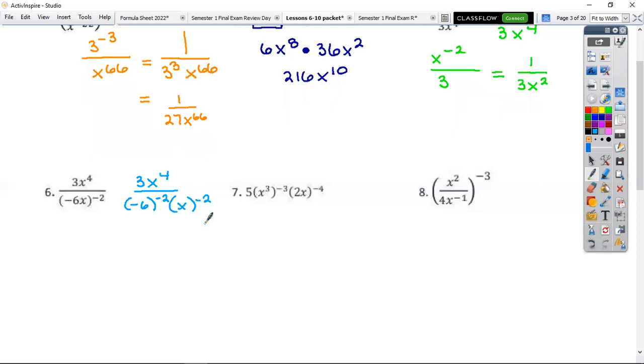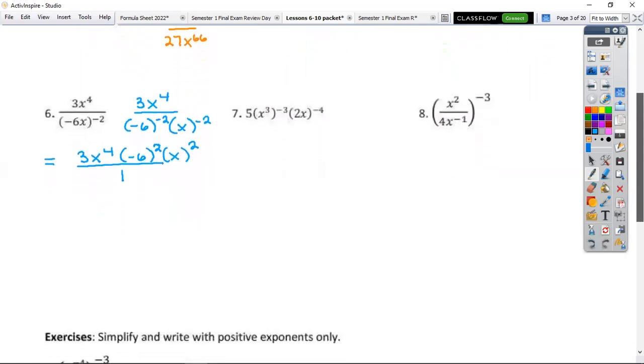You're going to take these and then you're going to flip them up to the top. I don't know if you're going to have anything on the bottom, but we'll draw the line just in case. So you have 3x to the 4th that was on the top. And then you have -6 raised to the second power, positive. And then you have x raised to the second power. I'll do this just so you kind of understand that everything went away from the bottom.